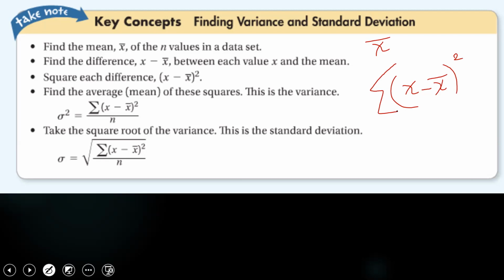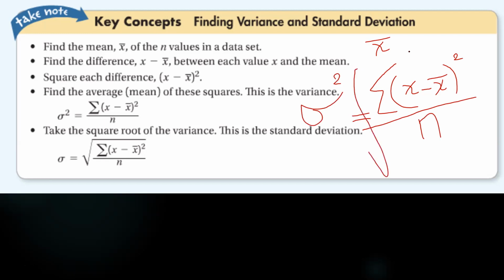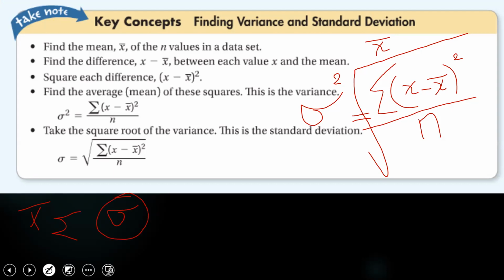Then we will divide it by the number of values in the data set. In this way we find the variance. Take the square root of this value, and we will find the standard deviation. So x bar means the mean, this is the summation, and this sigma is the standard deviation.